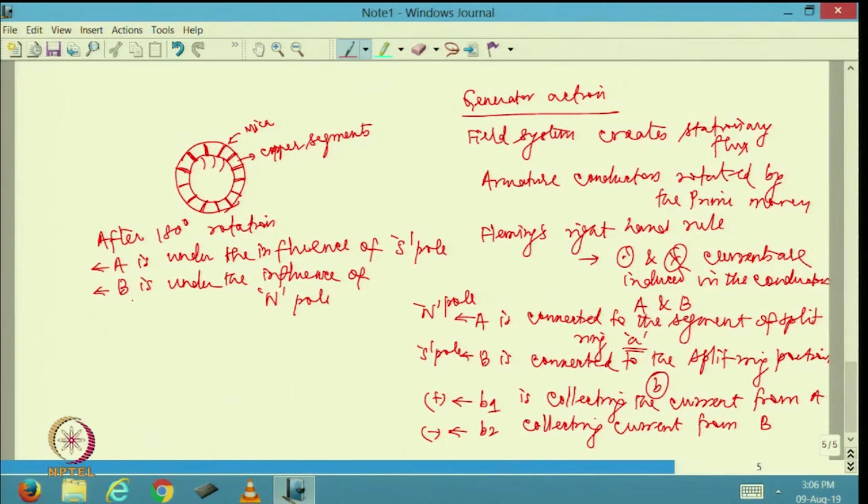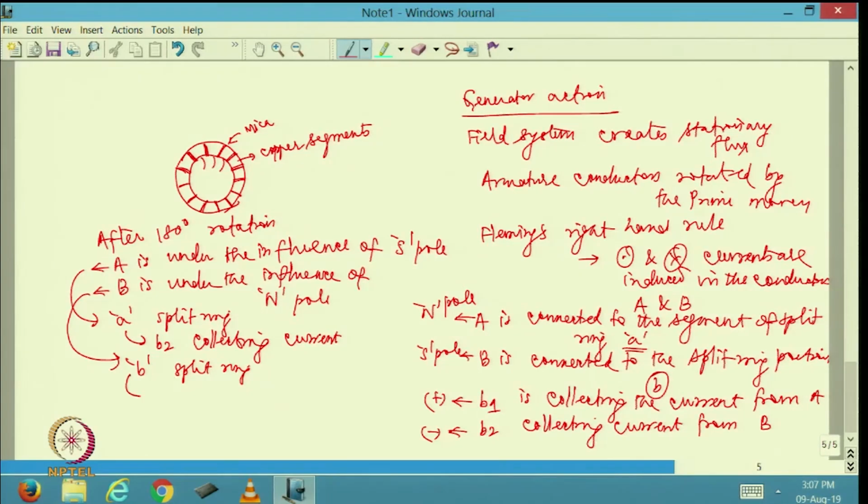Now, after this happens, I will have alternating current in A and B, but I do not want alternating current as the output. So, A is still connected to the A part of the split ring, but brush B2 is collecting current from this particular portion. As far as B is concerned, B is connected to the B portion of the split ring, but I am going to collect the current from here through brush B1.